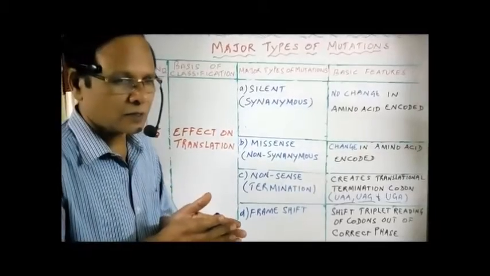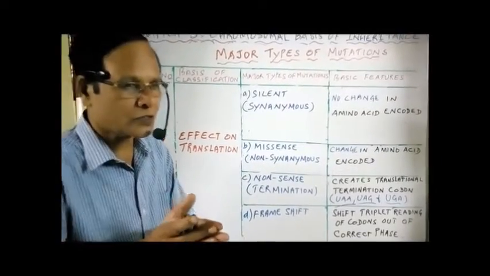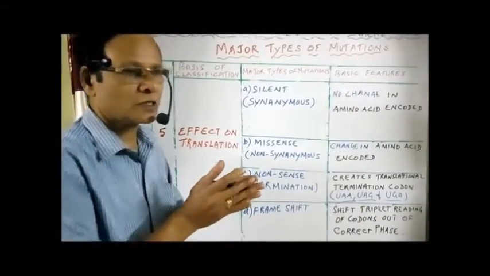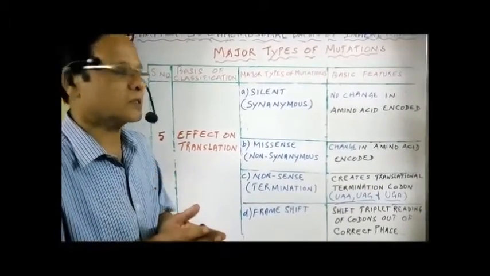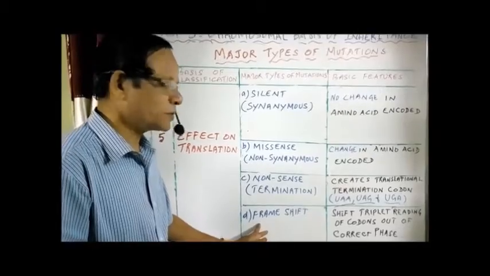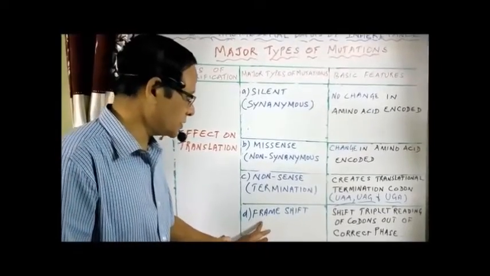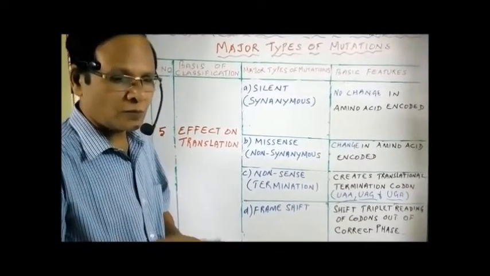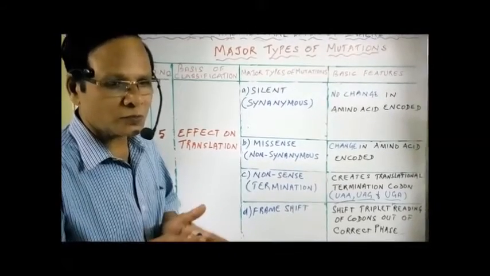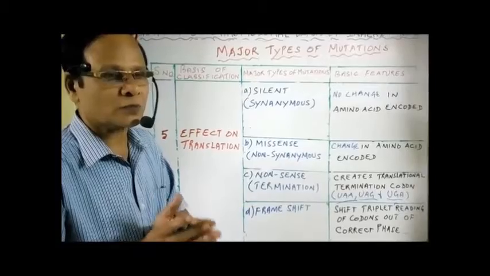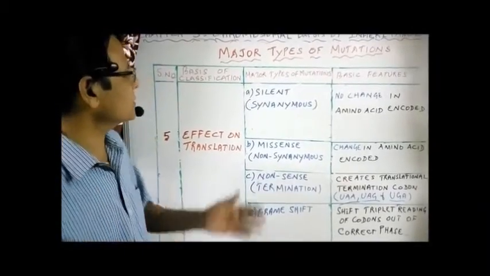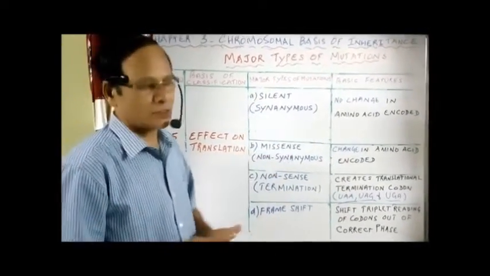They are shifted either towards the left side or towards the right side, according to deletion or insertion. So we have frame shift deletion mutation and frame shift insertion mutation. In both cases the nucleotides shift, so an incomplete, non-functional protein is formed. These are all the major types of mutations.